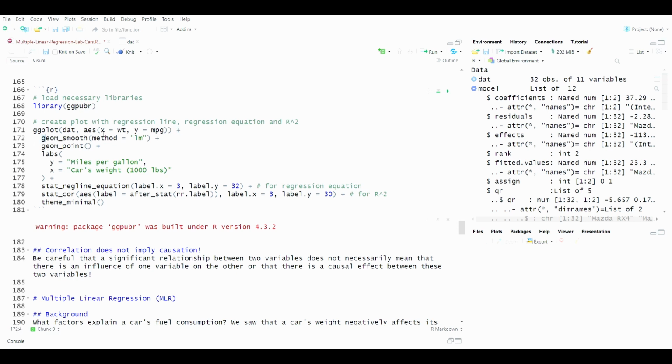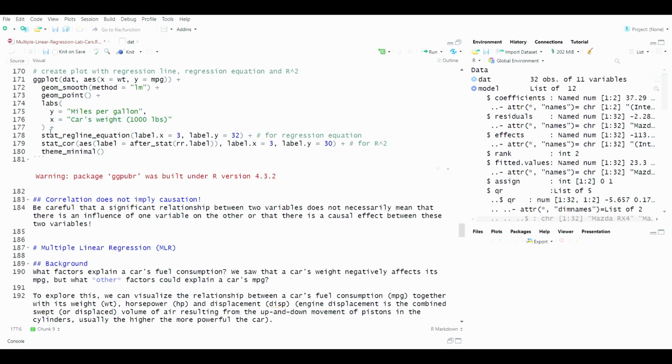Plus, we want to add geom smooth, which adds the line, and we want to use the method linear model. We also want to add points using geom point, plus we want to add nice labels with, again, our y label being miles per gallon and our x label being car weight 1,000 pounds.